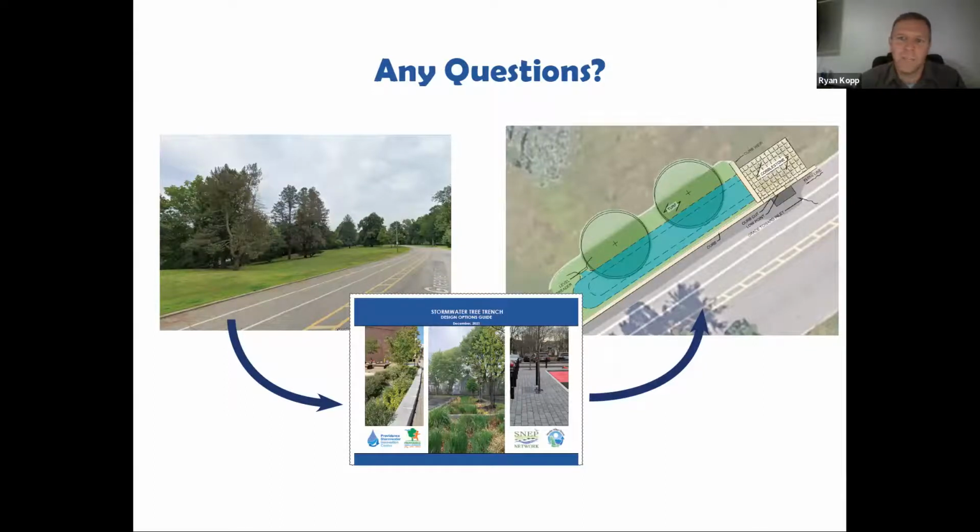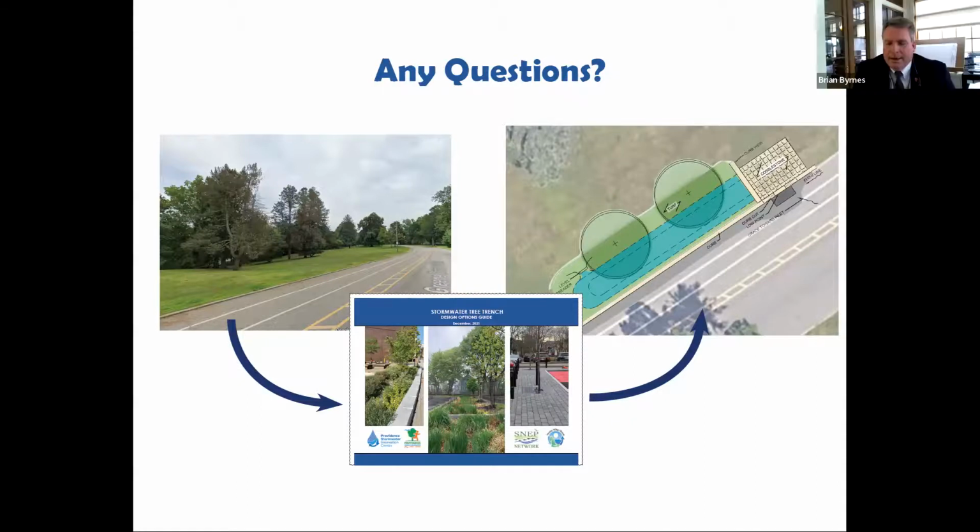First one is sort of a budget question. It says, does the city provide any support for maintenance or pay for these systems or trees? The birth of the Stormwater Center really was a byproduct of a consent agreement between the City of Providence and the Department of Environmental Management.